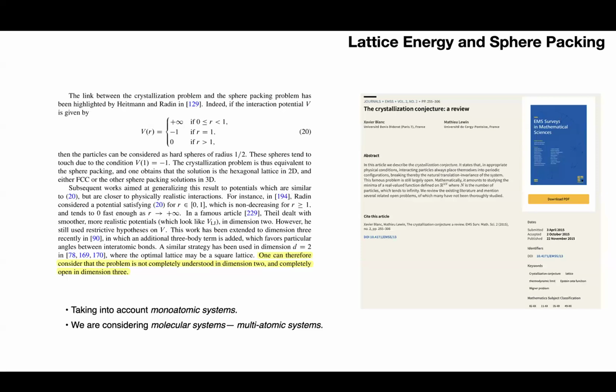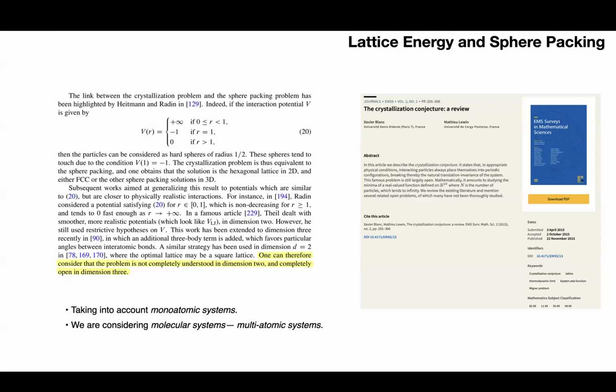Graham on Monday mentioned that this relationship is known for a long time, which is true, but even now, I'll take the opportunity to quote from the 2015 European Mathematical Society review on crystallization and the link with sphere packings.